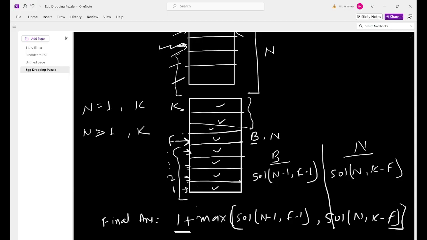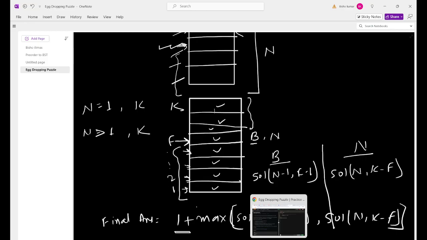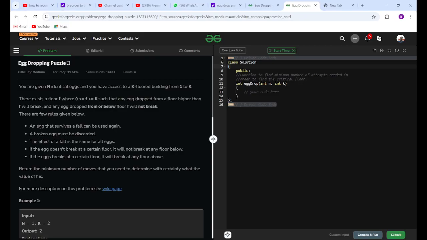Okay, let's write the code and explain again for more understanding. Let's pass the total number of eggs and total floors.